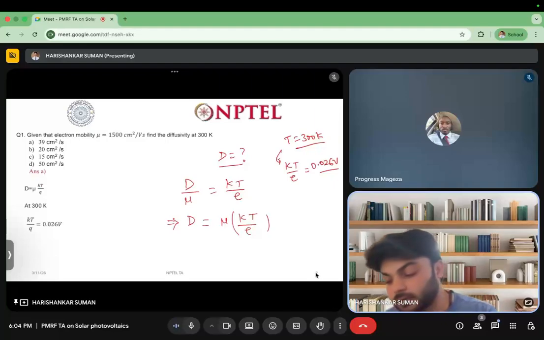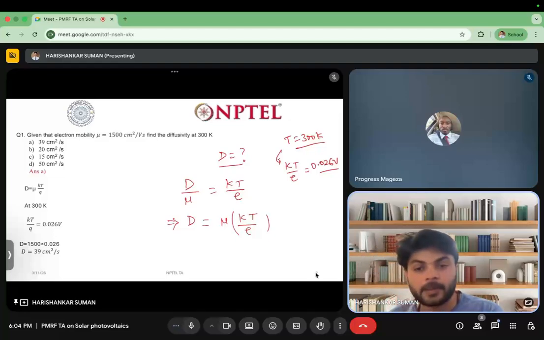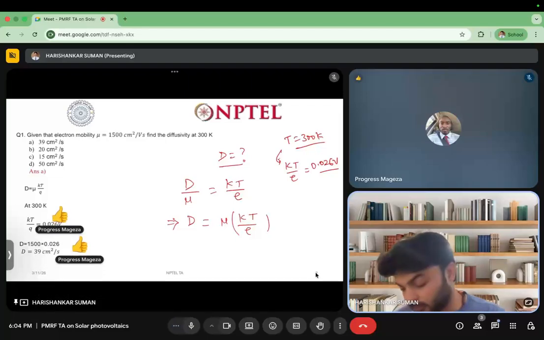A is the correct answer. So see the solution. Clear? This type of question may be asked in the exam, so please be ready with this type of question.